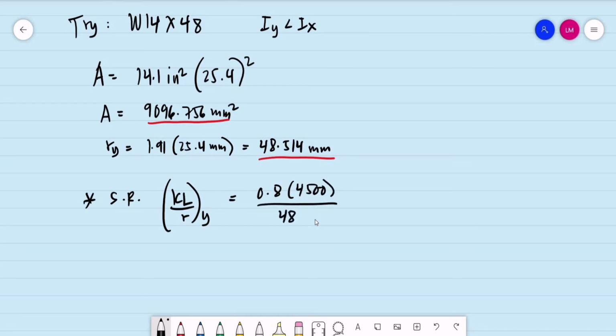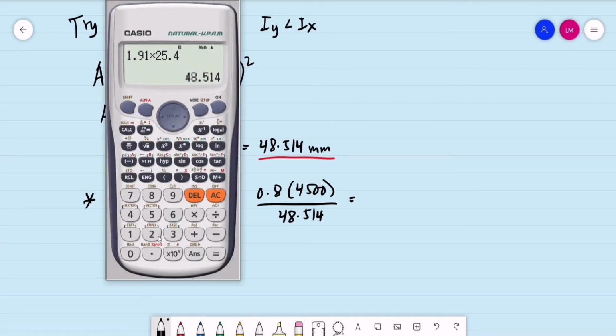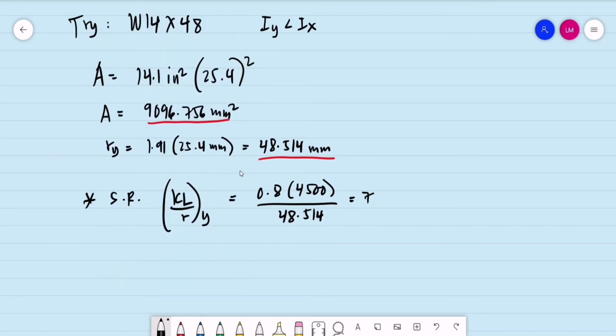This is 48.514 millimeters. So let us have its value. 0.8 of 4,500 then divided by 48.514. That is 74.205.